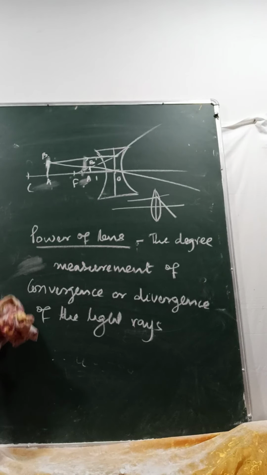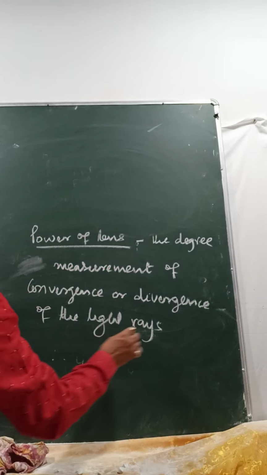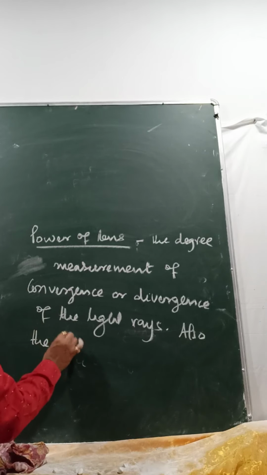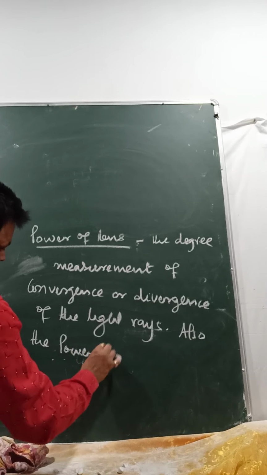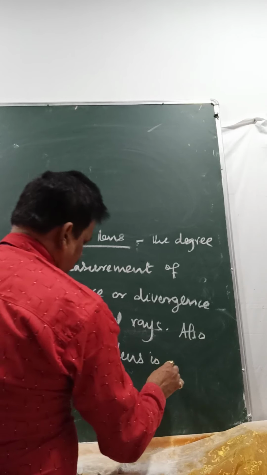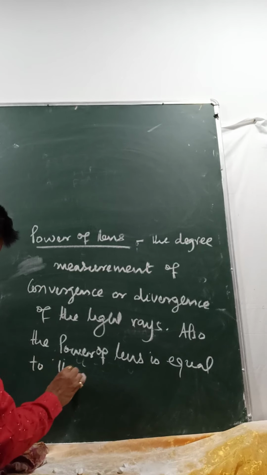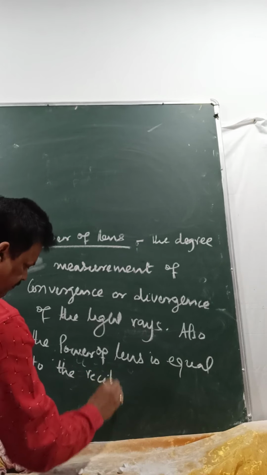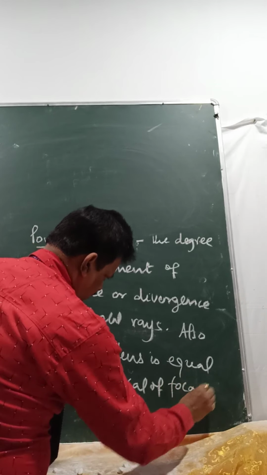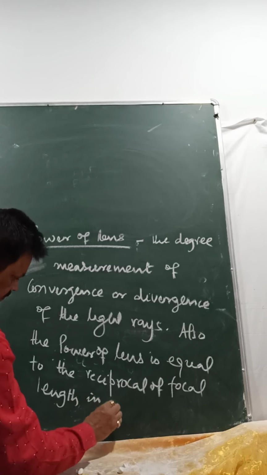So also, the power of lens is equal to the reciprocal of focal length in meter.